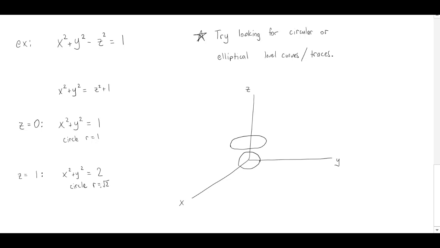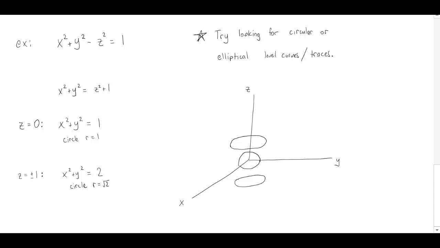So up here at the height of z equals 1, we have a circle of slightly larger radius. Now notice that because in the equation we have z squared, we get the same thing when z is plus or minus 1. So there's going to be some symmetry to our surface. At z equals negative 1, you're going to have the exact same circular level curve.